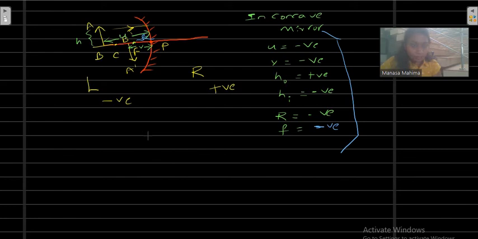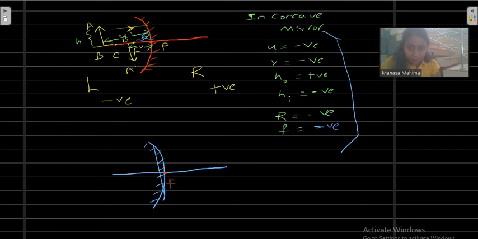If I am talking about the convex mirror, how will it be? I had discussed it in the last video itself, but I am doing a recap because I am doing the problems now, so it will be useful for you if you keep this in mind.